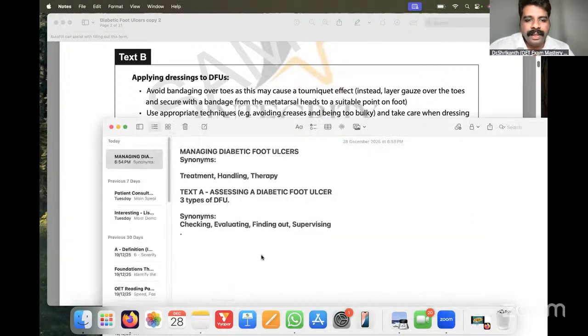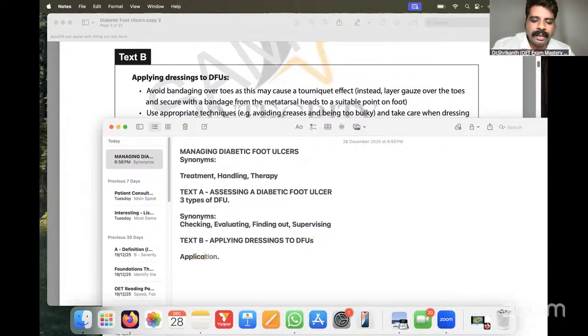So text B is all about applying dressings to DFUs, that is, diabetic foot ulcers. What do you understand over here? Application.